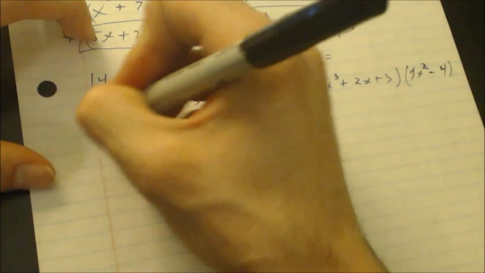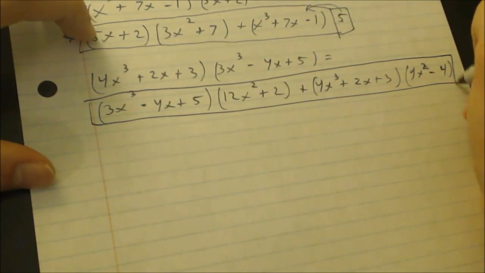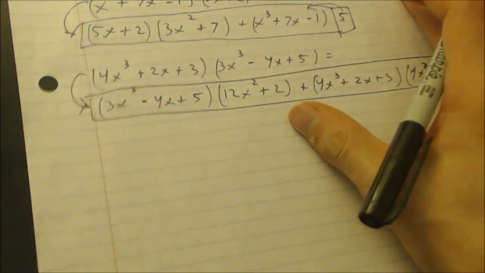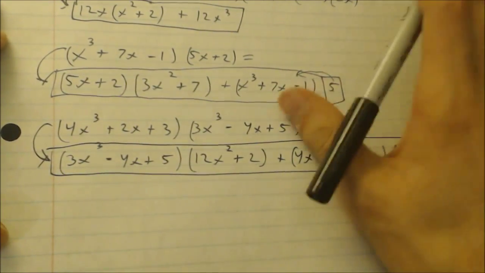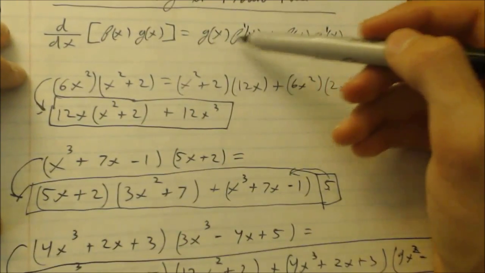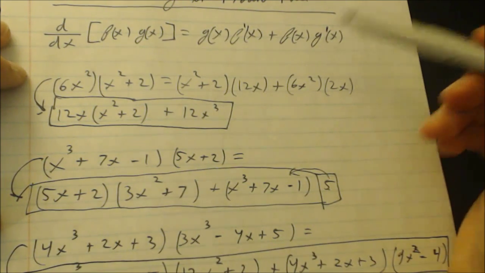And this is the first derivative of this right here. And that sums it up for simple equations of the product rule. Remember, it's always second times the derivative of the first plus first times derivative of the second. Just keep repeating that in your head.